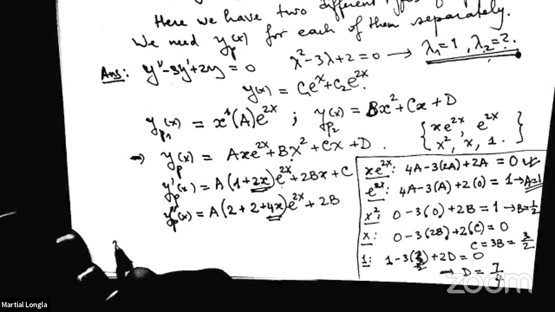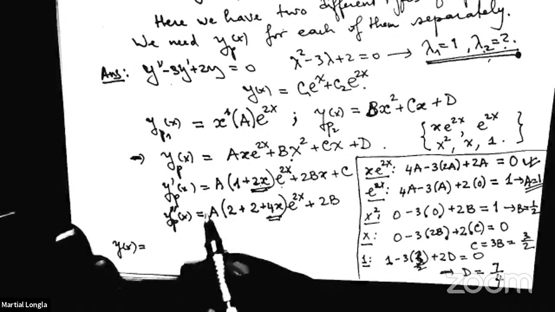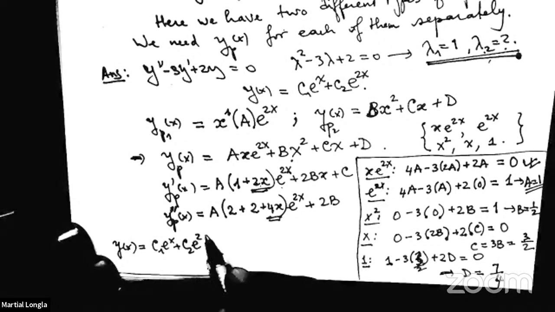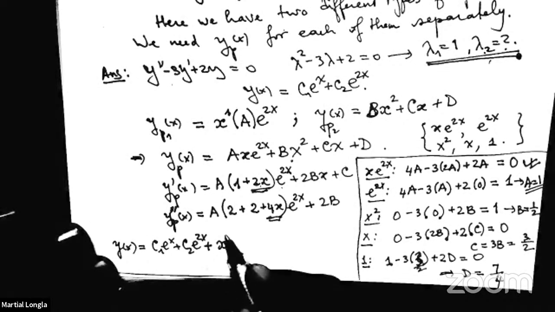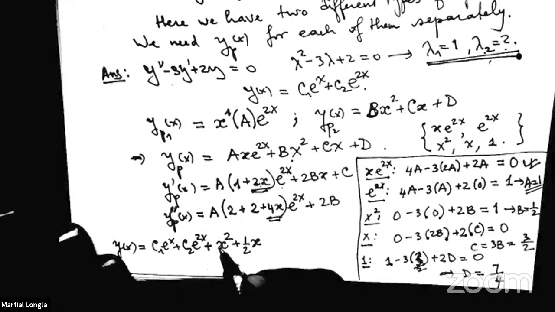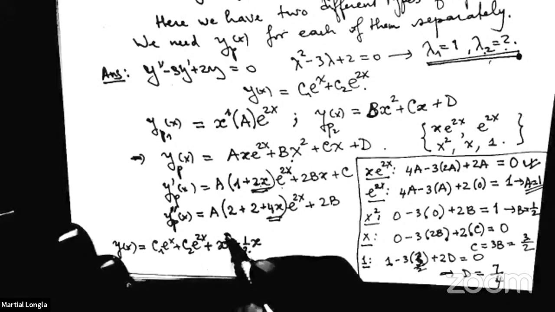Therefore, you can get y of x equals c1 e to the x plus c2 e to the 2x plus a x squared, a is 1, b 1/2 x, nope, I was messing up something here. That is not x squared, but x e to the 2x, right?